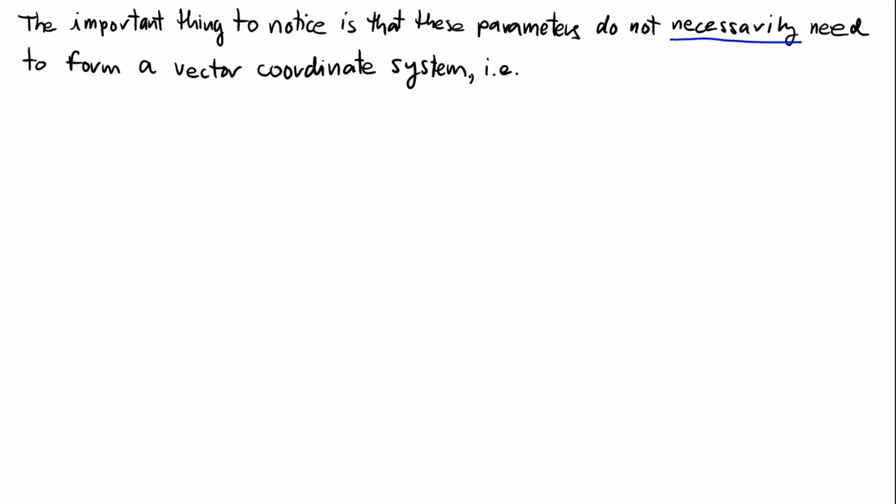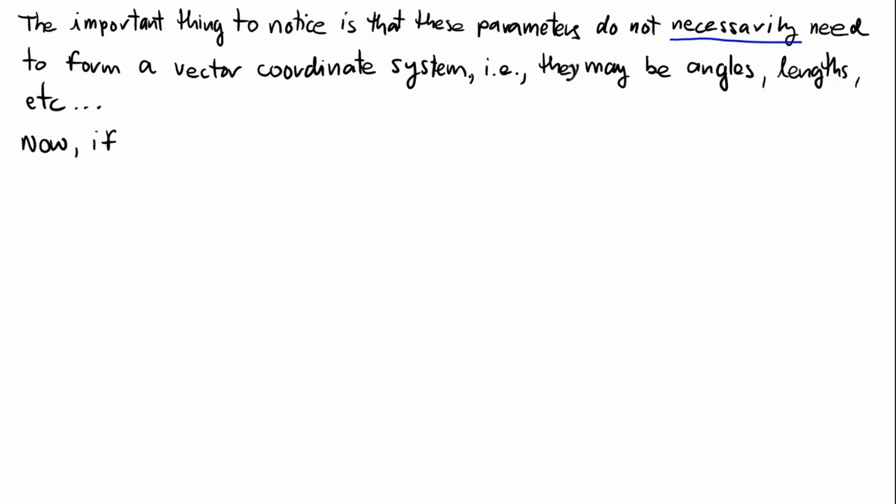That is, the parameters may be, for example, angles, lengths, or some other quantity that properly describes the position of the particles in the system. Now, the role of the constraint equations is to relate the parameters and eliminate some of them. In general, if these constraints are consistent, that is, independent, for each constraint we can eliminate one parameter.